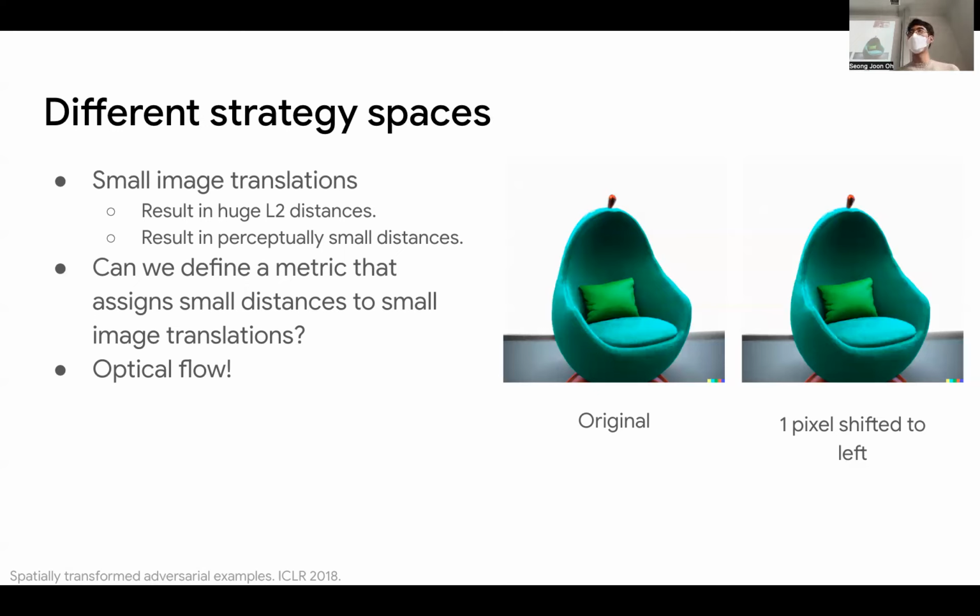Of course, there are also other image transformations that introduce very small changes for human perception but still introduce a large LP distance. But for now, let's just talk about these translations. And one way to measure this translation very well is the optical flow measure.